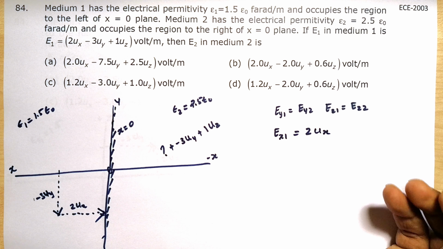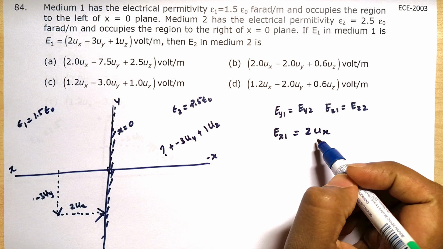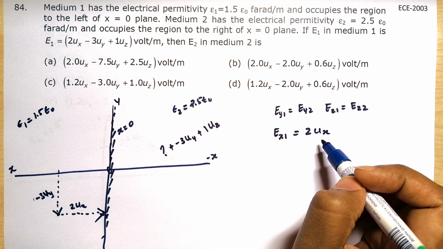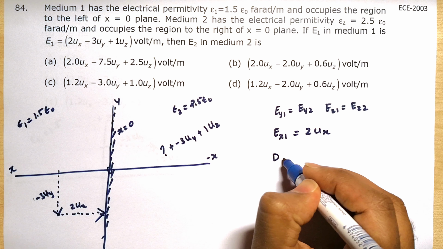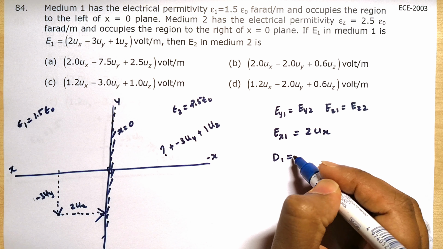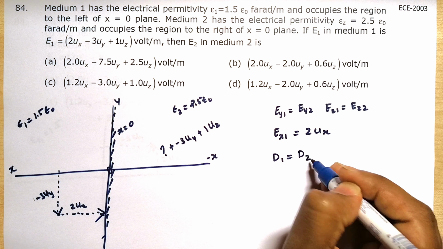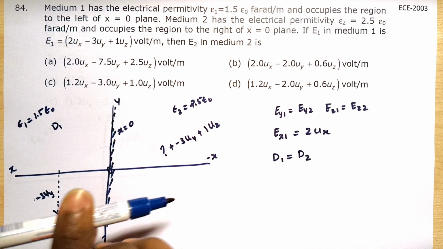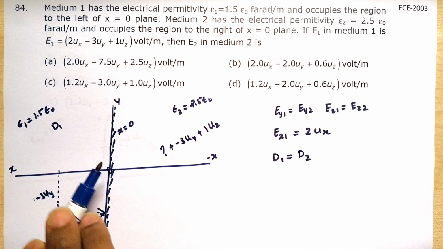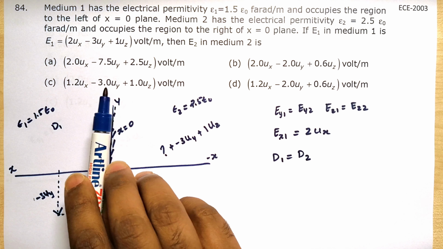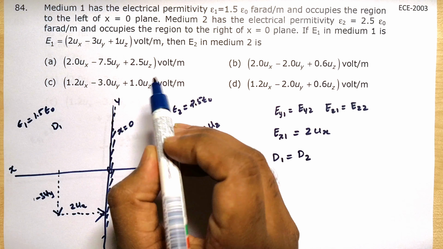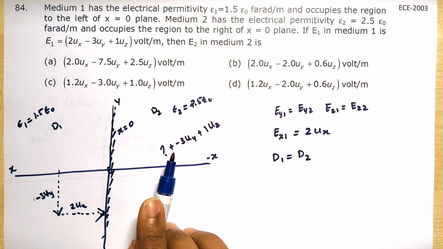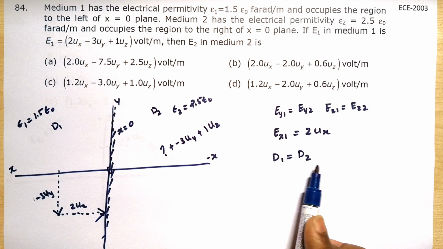From electromagnetic theory, we know that the electric flux density D is continuous across the boundary when it's normal. So D1 is equal to D2. The electric flux normal to the x equal to 0 plane, where the boundary exists between medium 1 and medium 2, is continuous across this boundary.